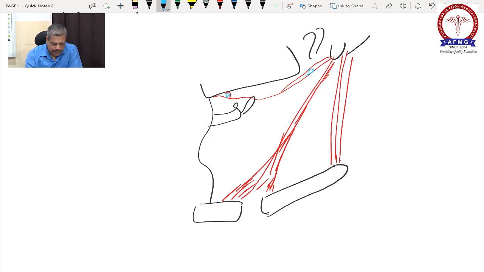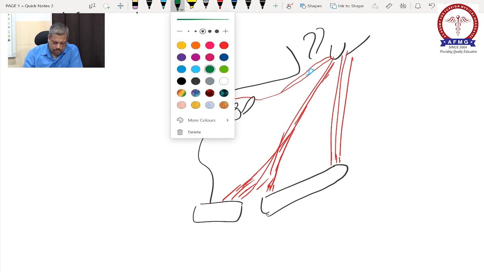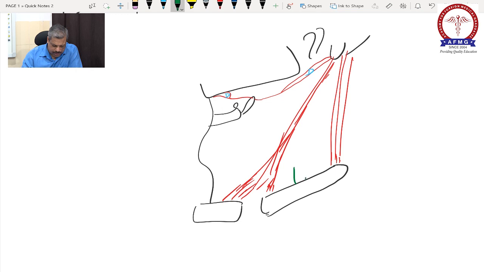Now see another muscle, the omohyoid muscle. This omohyoid muscle also has 2 bellies. This is the inferior belly of omohyoid and this is the superior belly of omohyoid, and both bellies are connected by an intermediate tendon. Clear?